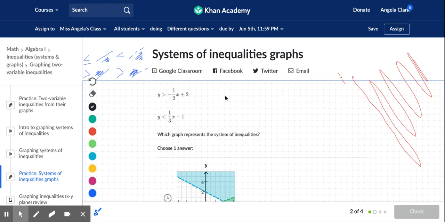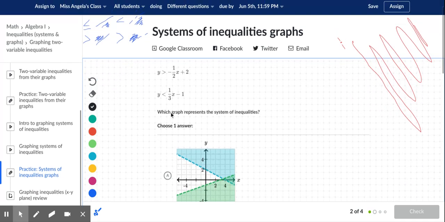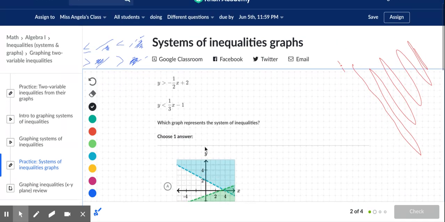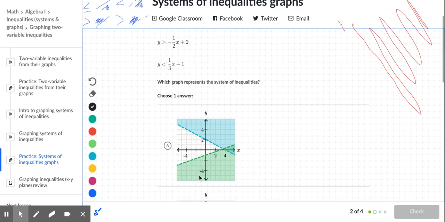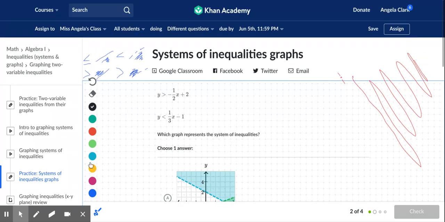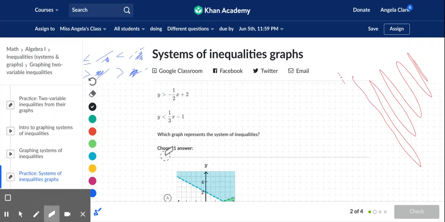Or maybe not even doing the assignment, but trying to draw it by hand and match it to the graph that they give you, because they're giving you the graphs. If you just graph it by hand as practice and see that it matches or doesn't match, and see where you went wrong, that might be a good way to study.